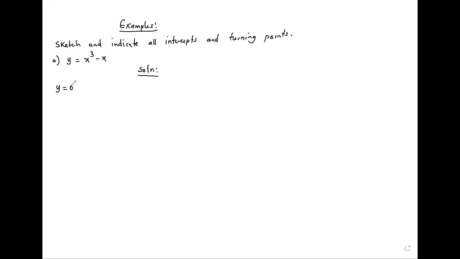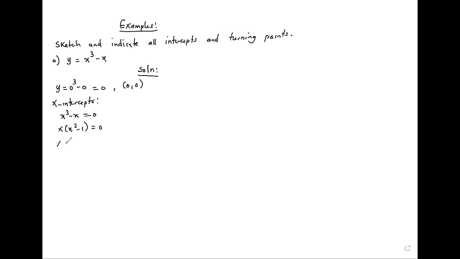Okay. So when x is equal to 0, we get y is 0 to the power 3 minus 0, which is equal to 0. So the y-intercept is (0, 0). Then we go to the x-intercepts. For the x-intercepts, you equate the function to 0. Factor out x, you have x squared minus 1 is equal to 0.